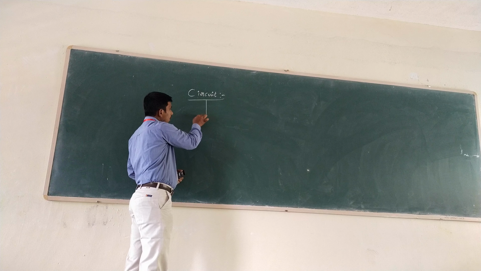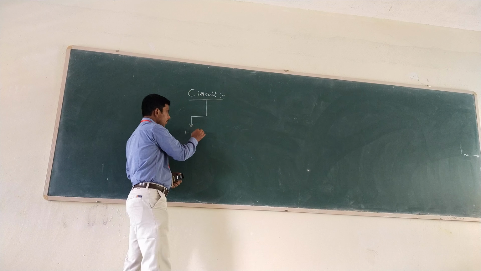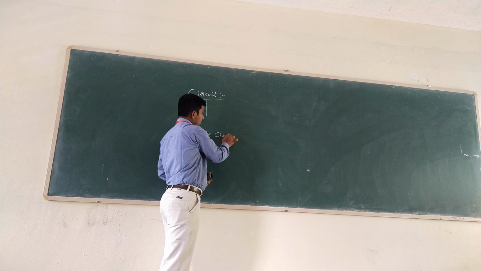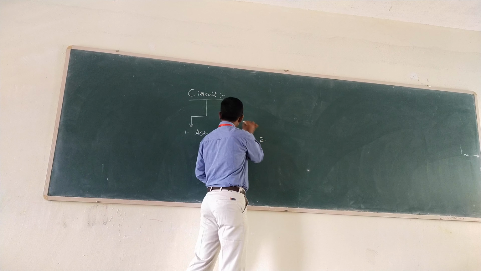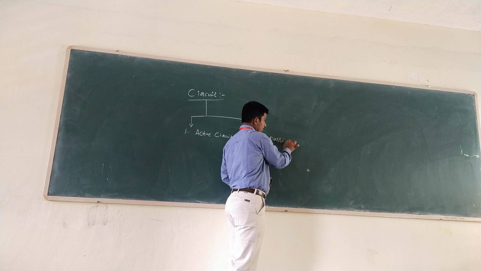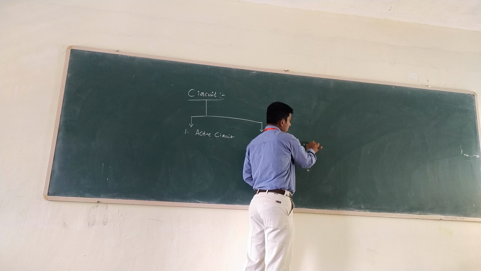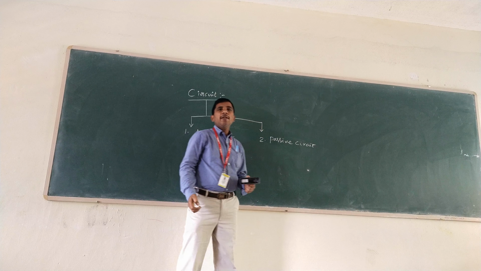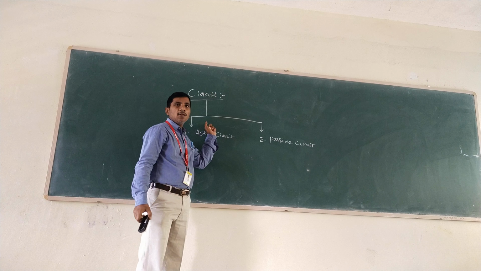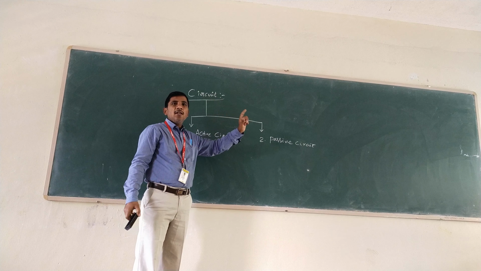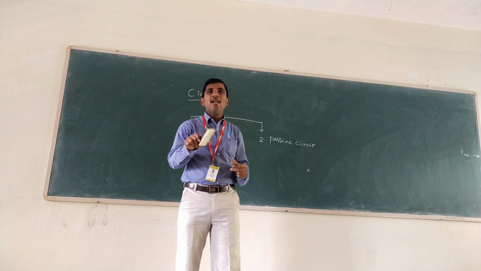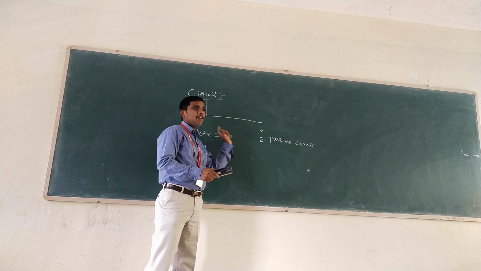Next, a circuit may be an active circuit or a passive circuit. Please write running notes of this. Two types of circuits are available. Not only this, there are also linear circuits, non-linear circuits, bilateral circuits, unilateral circuits, like that so many circuits are there.